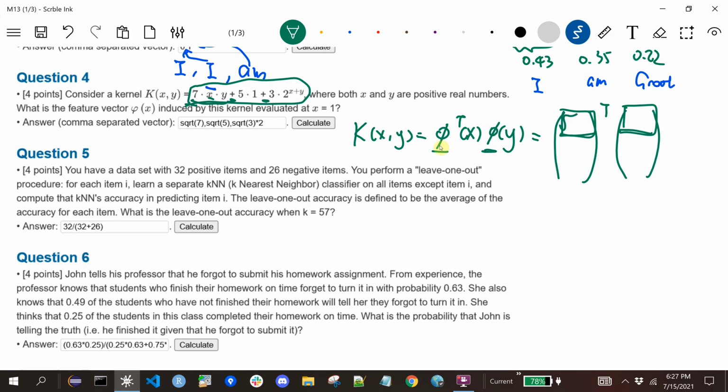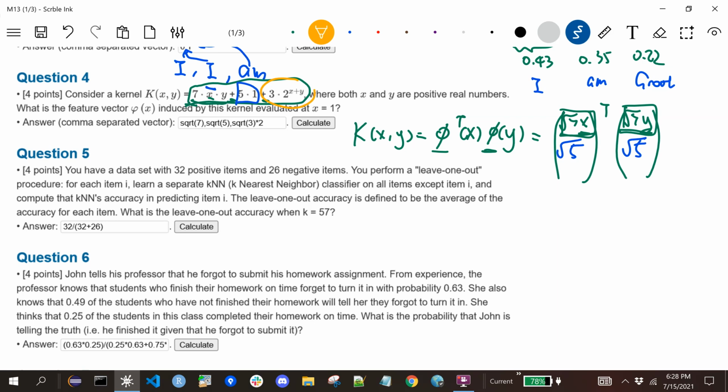Well, square root 7x and square root 7y. And also they need to look the same, and the only difference is one was x, the other one was y. So that's why we have square root 7, not 7, or 1 and 7 or something. And the next item is 5 times 1, so it's square root 5, square root 5.